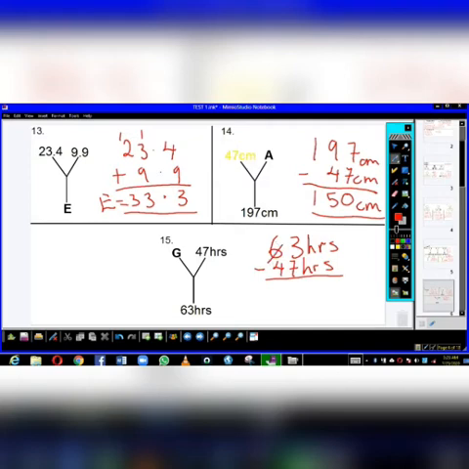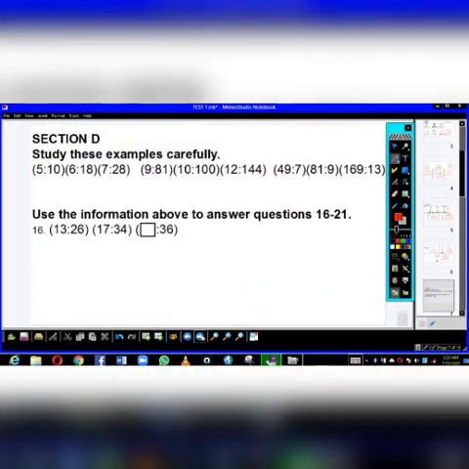If you borrow 1 here, you have 5, add it here, that's 13. 13 minus 7 will give us 5. 5 minus 1 will give us 1, so we have 15 hours. The value of G is equals to 15 hours.